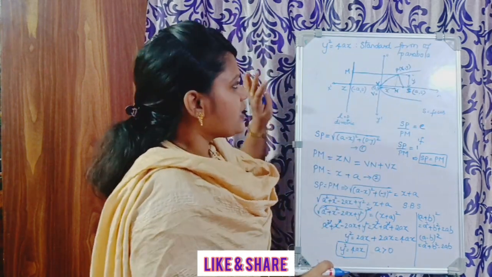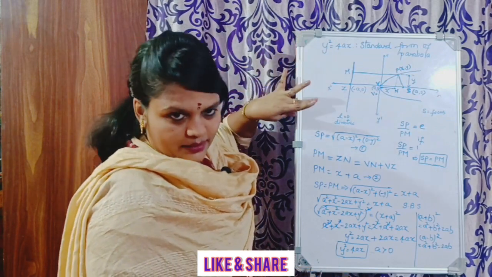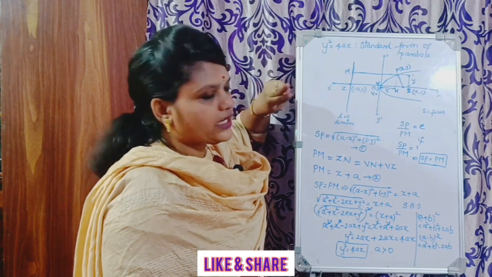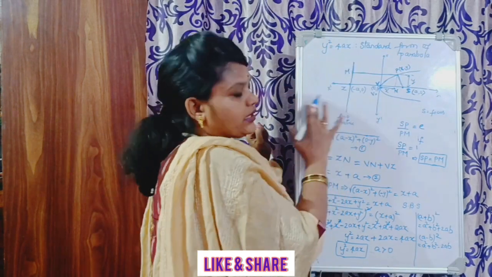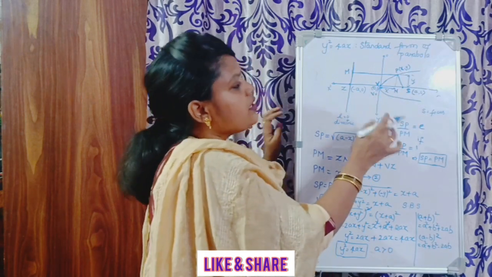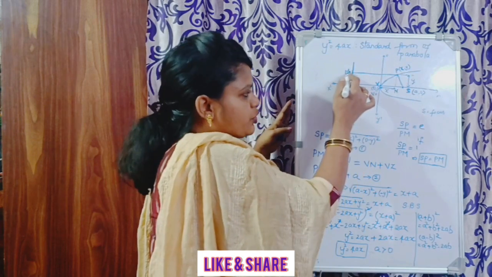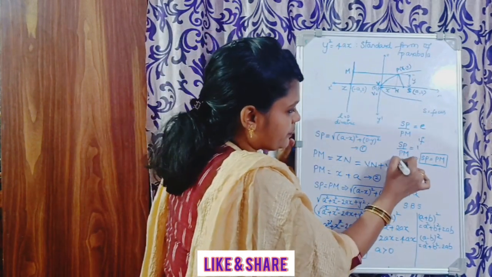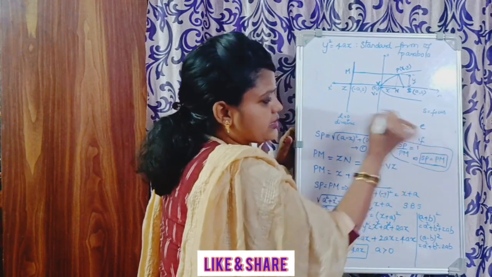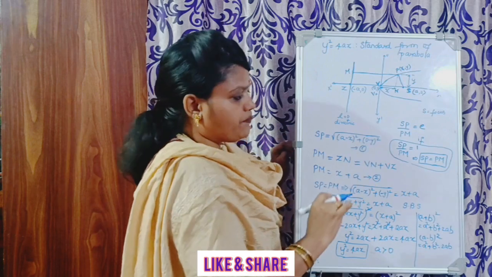Understood? If they ask you to derive the standard form of a parabola, first you need to draw this diagram. This diagram itself carries 2 to 3 marks, okay? Then you have to explain each and every term in the diagram, like what you mean by focus, what exactly the point on the parabola is, the projection M and the projection Z, and this definition of eccentricity. For a parabola, SP should always be equal to PM, right?